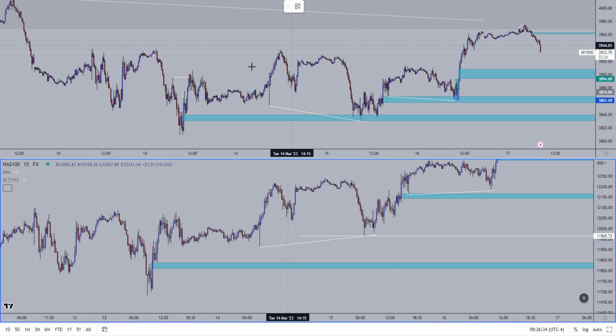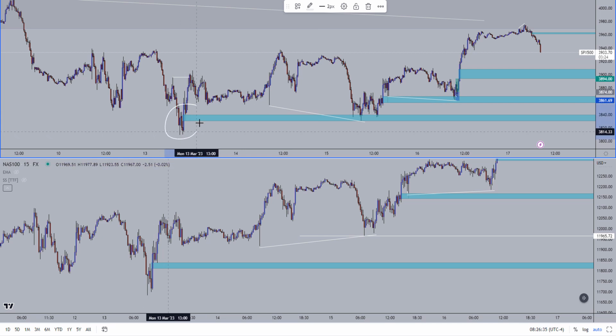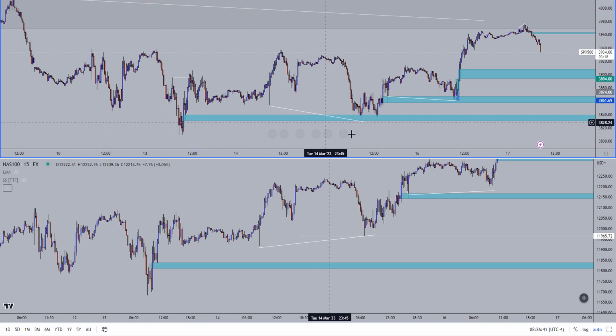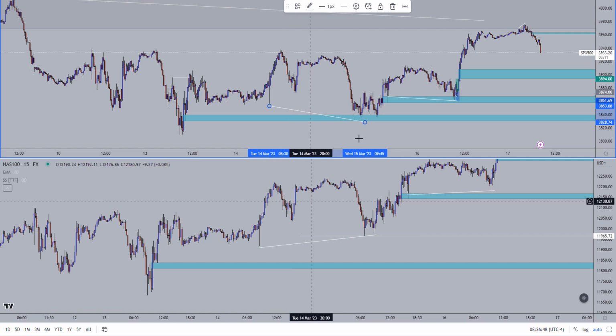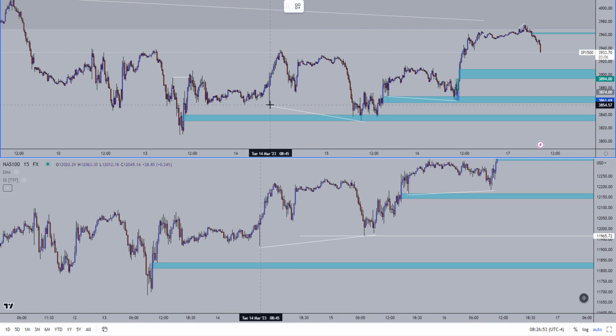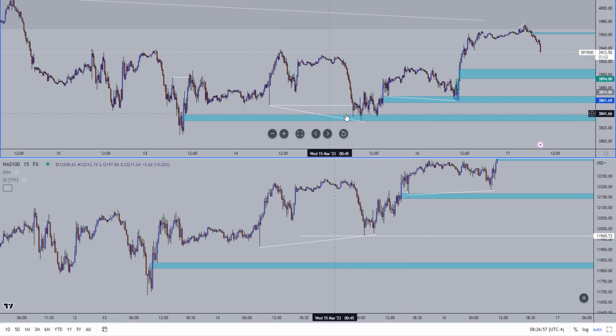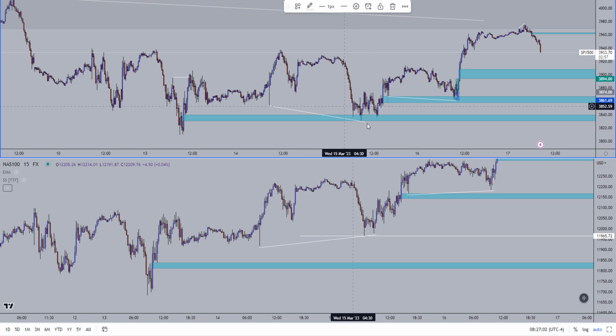At the same time, on S&P 500, price has tapped into this imbalance and the overall area of the order block. This is my first sign of a potential continuation, and that S&P 500 took the liquidity below this area, and that we are going to continue with the overall uptrend.